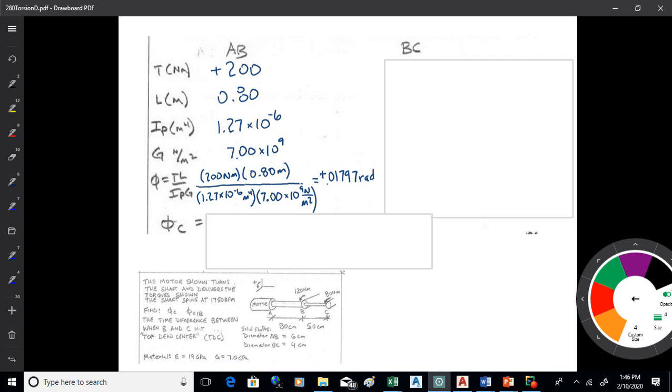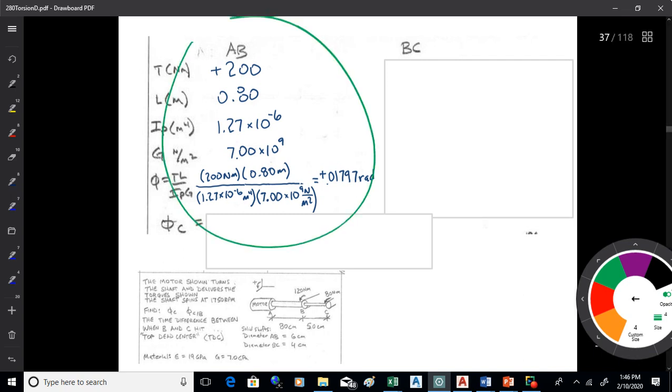G is 7 times 10 to the 9. So then phi is TL over IG. And that comes out to be a positive 0.01797 radians. So that's the twist in the shaft from A to B, because these parameters only hold in that section AB. Once you get beyond that, those numbers change, so you can't use it anymore.